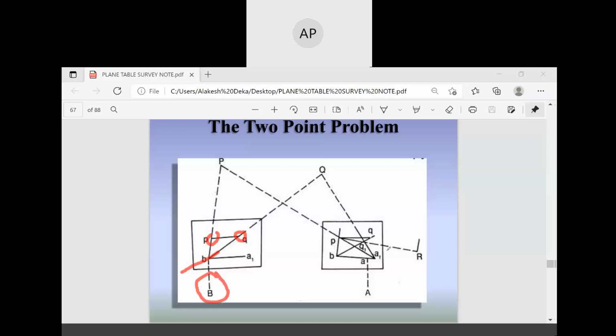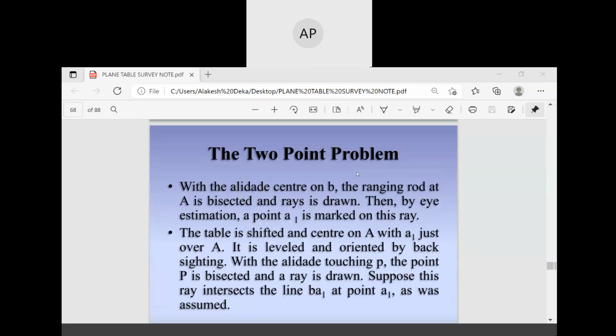Next, with the alidade centered on B, the ranging rod at A is bisected and a ray is drawn. Then by eye estimation, a point A1 is marked on this ray.